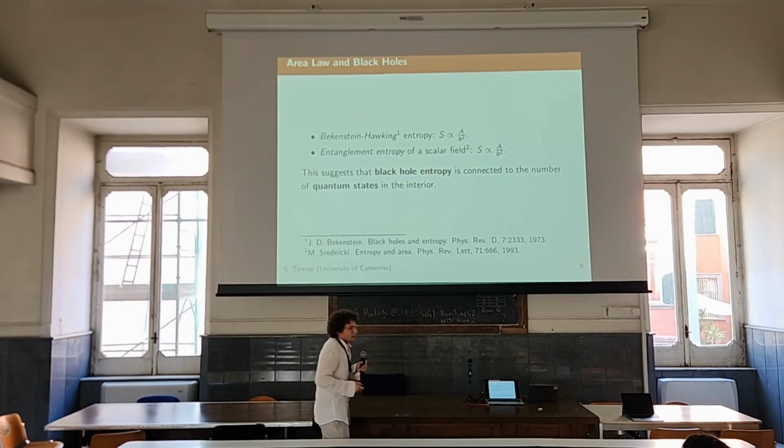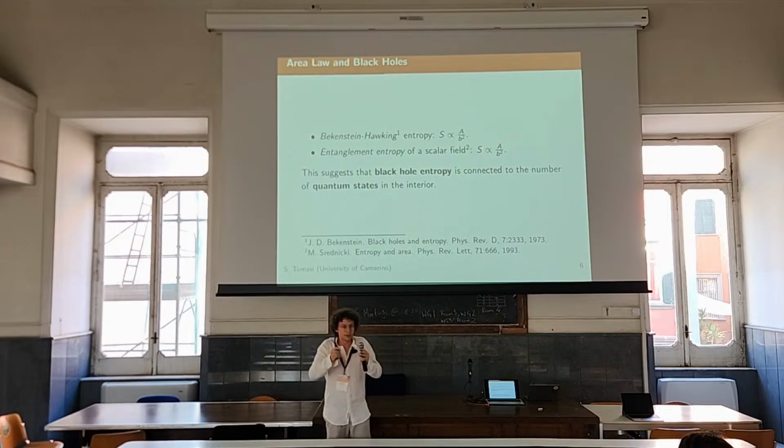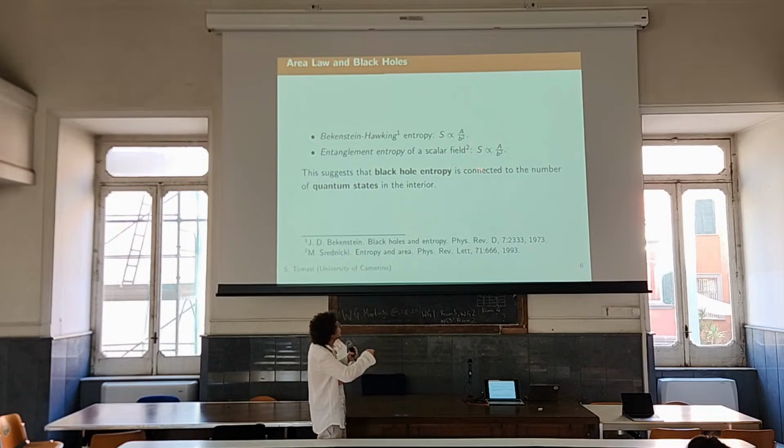In a completely different setting, considering a quantum scalar field theory propagating in Minkowski spacetime, if we consider an inaccessible region of surface area A, and we then exclude the information in this region, so we trace it out, we obtain for the entanglement entropy a formula which is analogous in form.